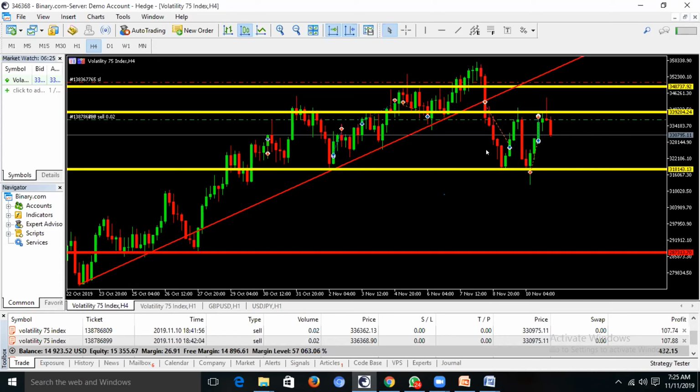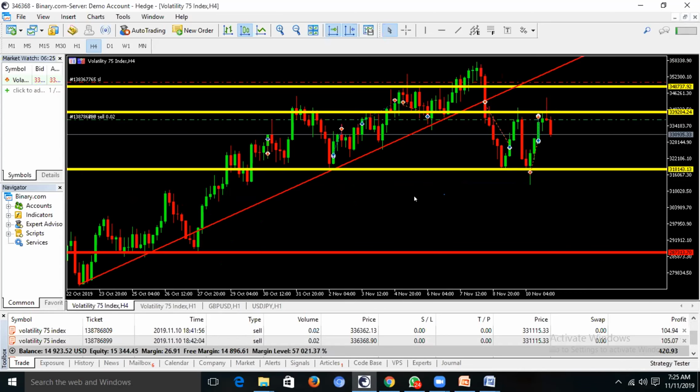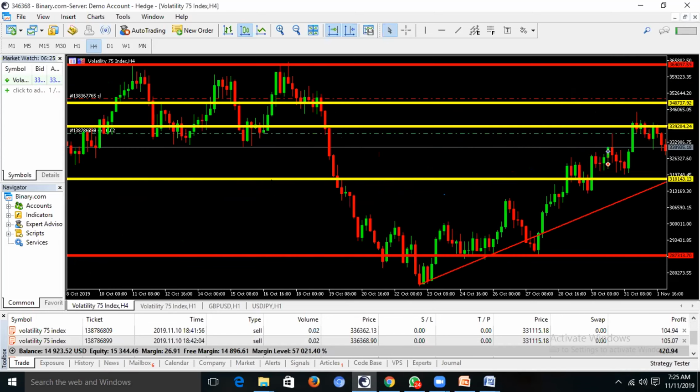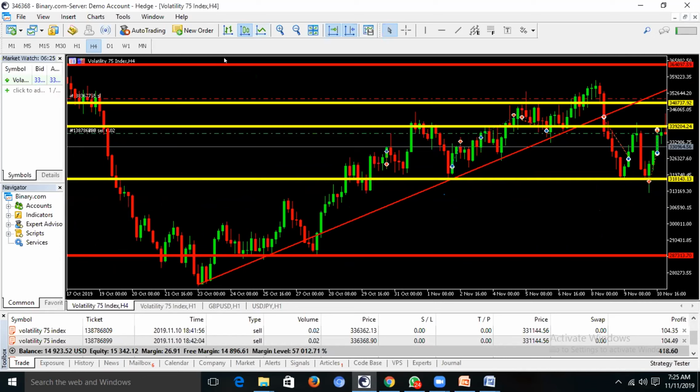So you have to be very comfortable drawing these lines. These lines are very, very important. This is my trend line. You can draw a trend line and you can also draw support and resistance lines.